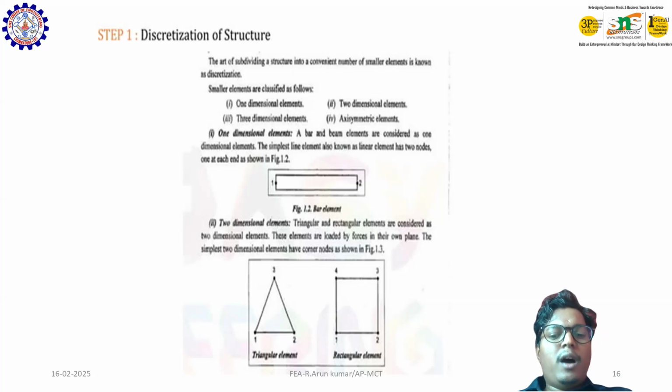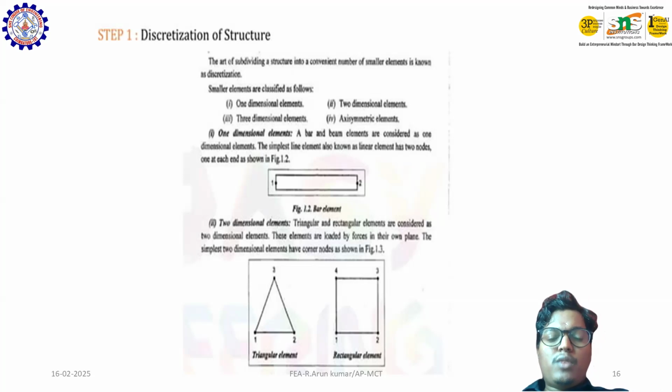Similarly for node 3, and for the rectangular element you consider four nodes, with x and y for each node. So for each node, you have to define the x and y components. These are the basic concepts of discretization for one-dimensional and two-dimensional problems.